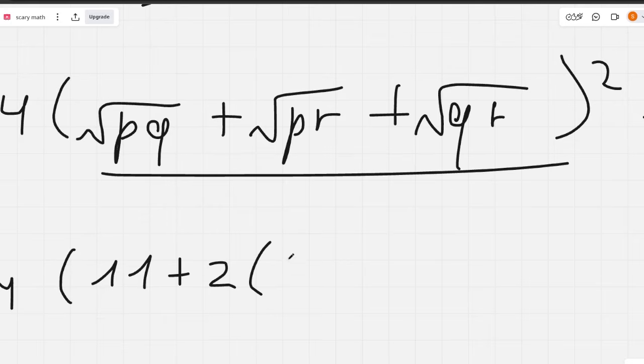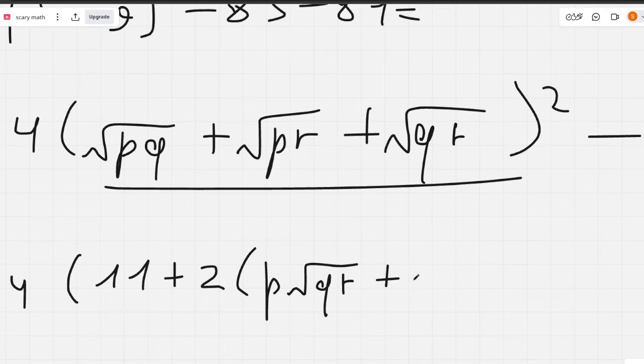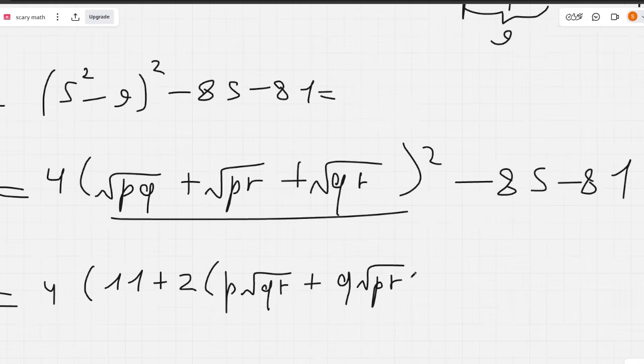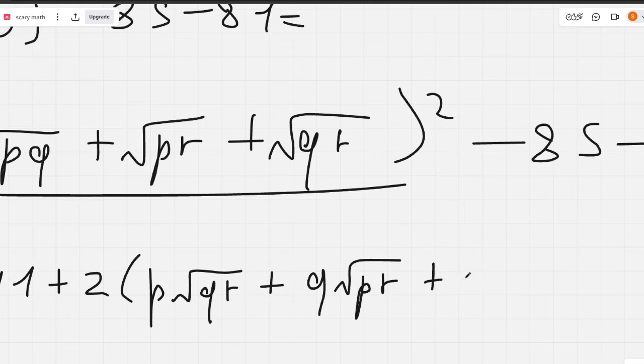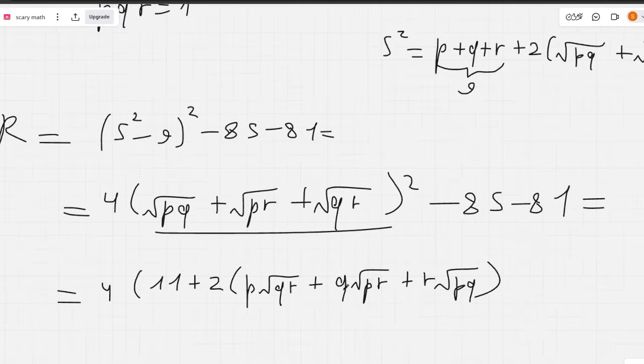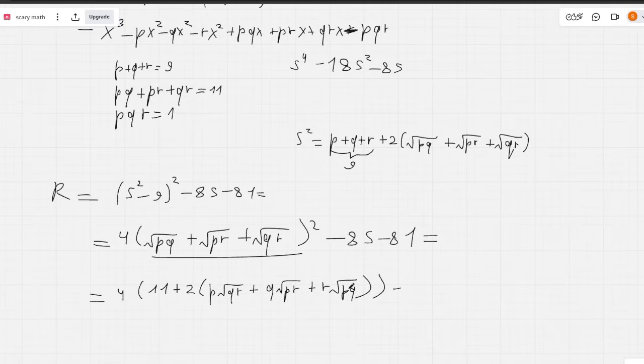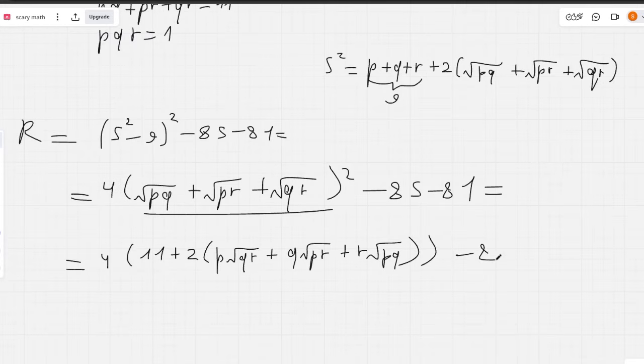So what we get is p times root of qr plus q times root of pr plus r times root of pq, minus 8s and 81 again.